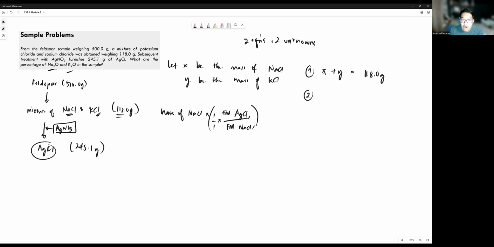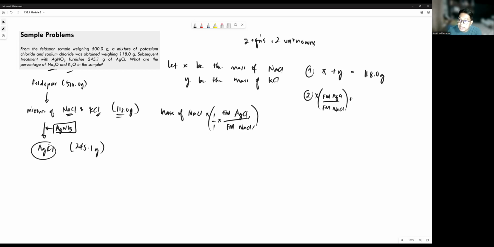So in essence, our equation here will become: the mass of AgCl from your NaCl is X multiplied by the formula mass of AgCl over the formula mass of NaCl, plus we do the same for your KCl.